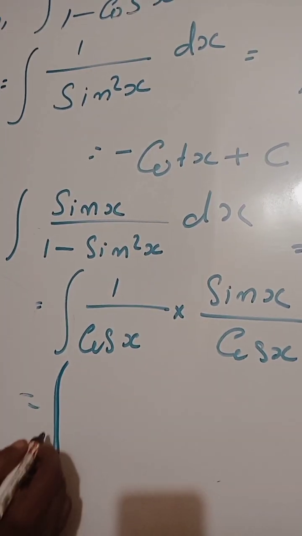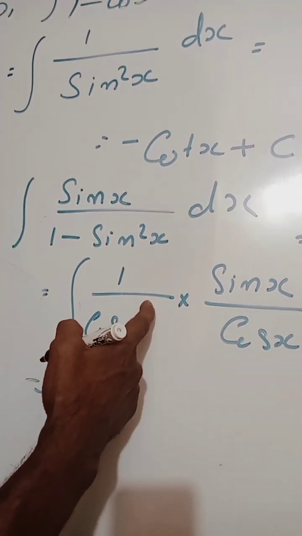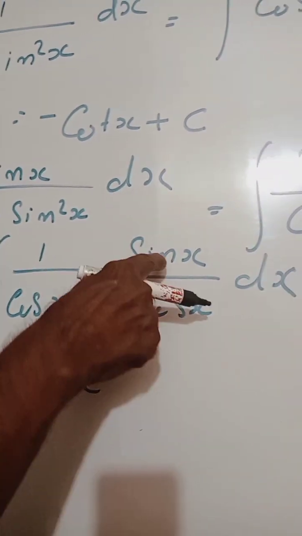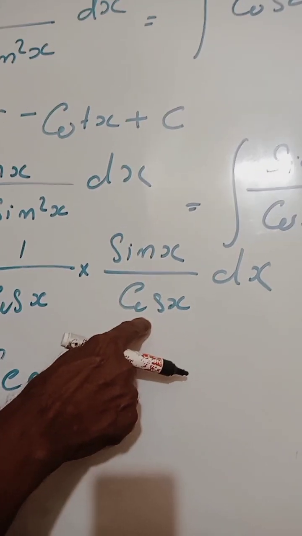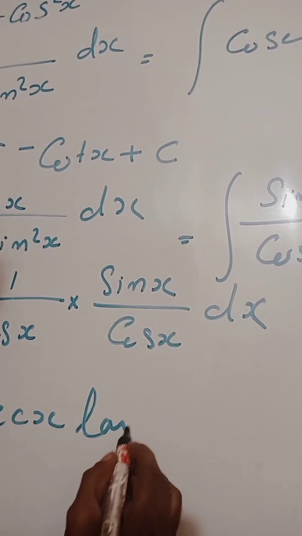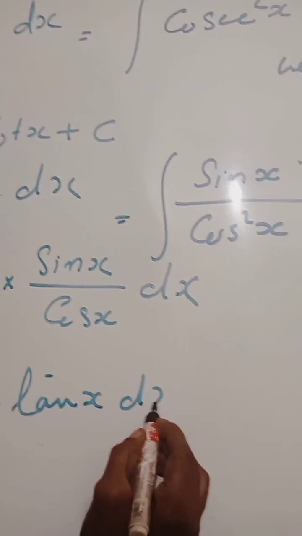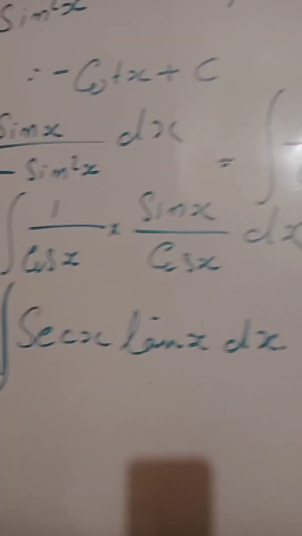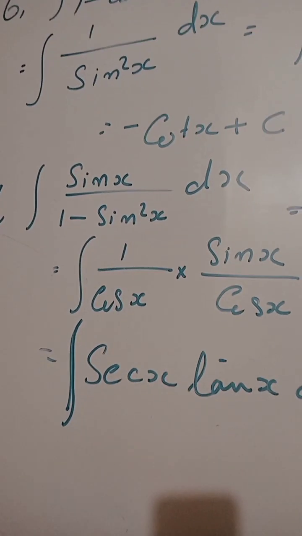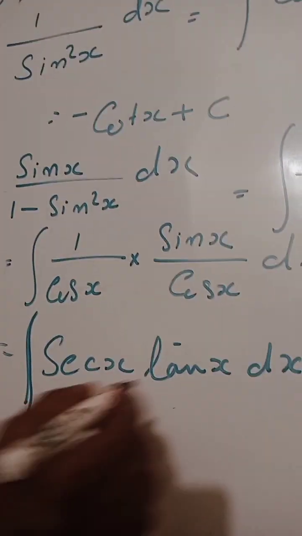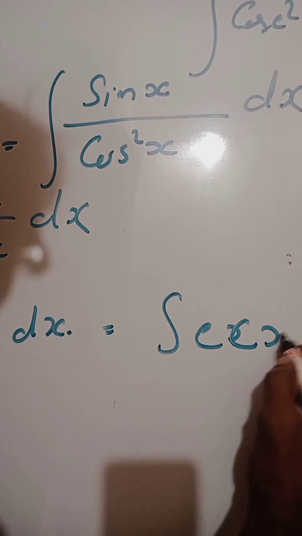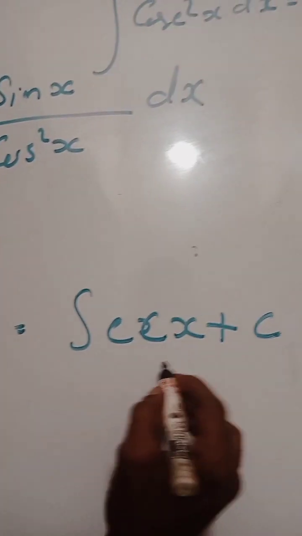Equal to integration of, we know 1 by cos x is equal to sec x and sin x by cos x is equal to tan x dx. But we know that integration of sec x tan x is equal to sec x. This is equal to sec x plus c, where c is the constant of integration.